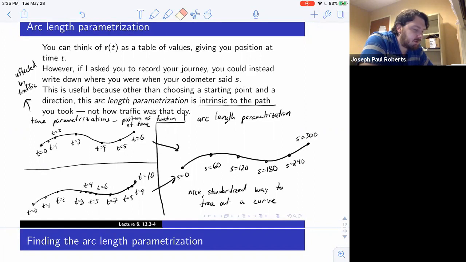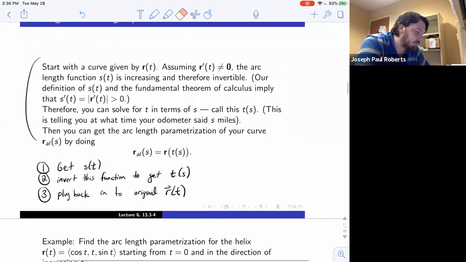Because intuitively, how sharp of a turn you're taking doesn't care about how fast you're taking it. It's really just how much your direction is changing. You're going east and then north. You're not asking how quickly that change is happening in time, but instead with distance. So that's what we're building towards.